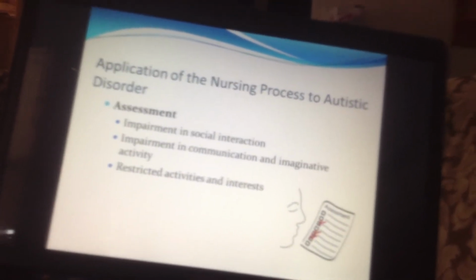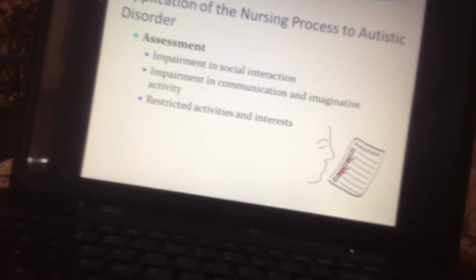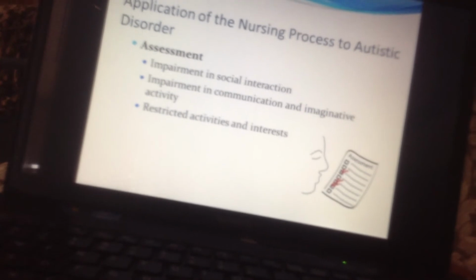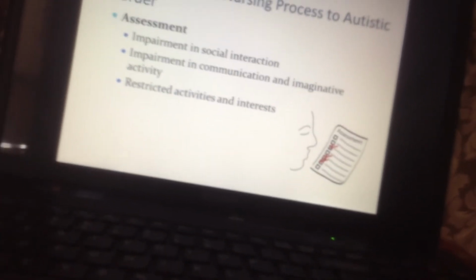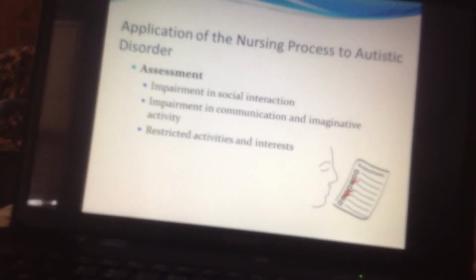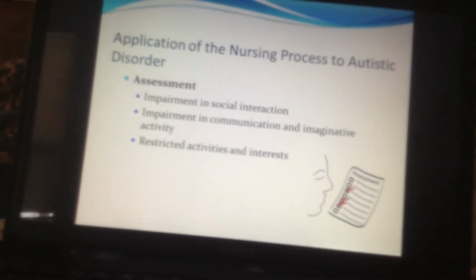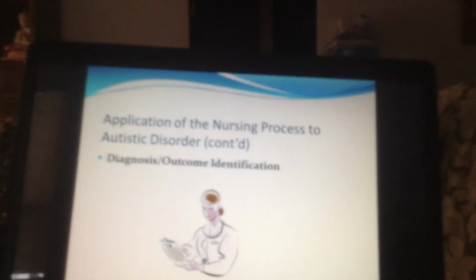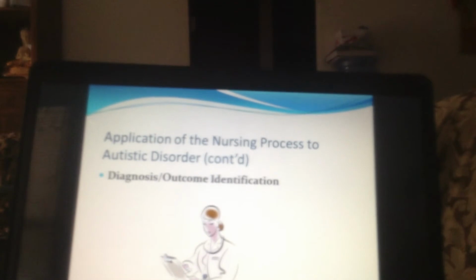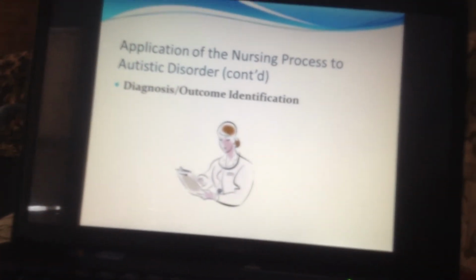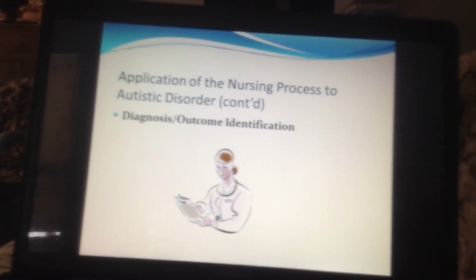Okay, when you're assessing that child, you will see that they have impairment in social interaction, they cannot communicate, they have problems with repetitive behavior, so a lot of self-injury. Okay, when you look at diagnosis, risk for harm would be something to look into.